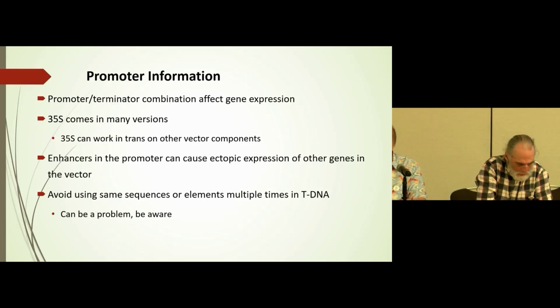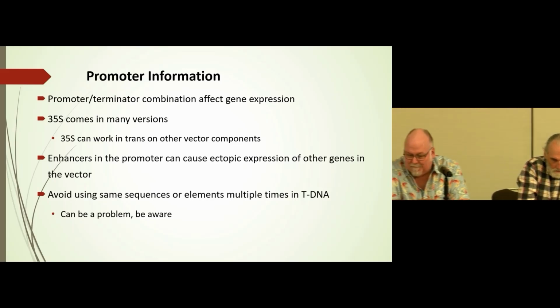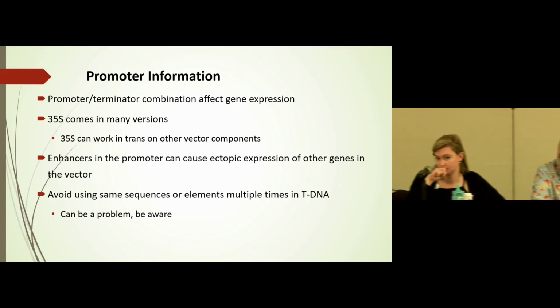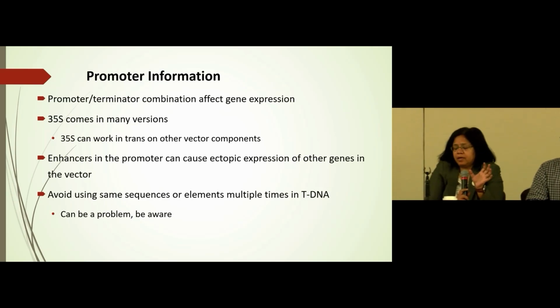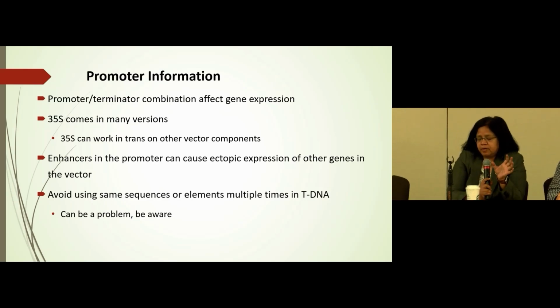One more thing I would like to add here is that you're taking the tDNA and the intention is to bring this tDNA into the plant cell and insert it into the plant genome. And so it is going to insert within the chromosome somewhere, which could be next to a promoter. There could be a position effect, and the euchromatic or heterochromatic nature of the chromosome would impact the expression.